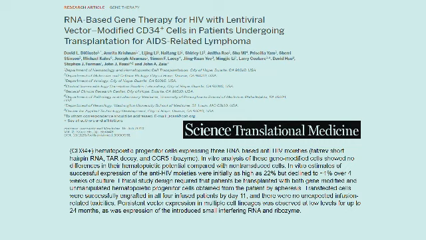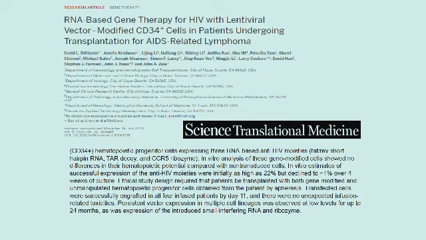And finally, I want to mention this study before moving on to the first trials in HIV. And that was a study performed by Dave DeGusto and John Zaya at City of Hope.